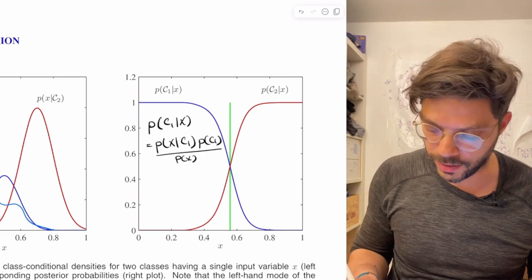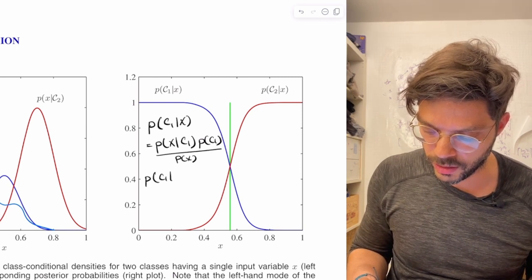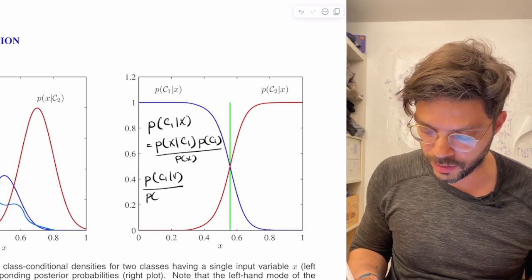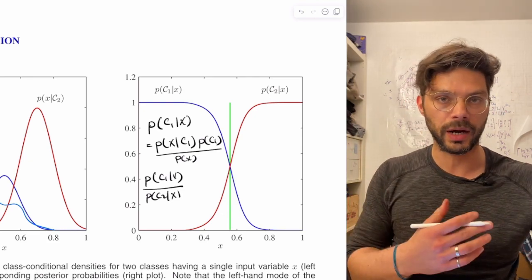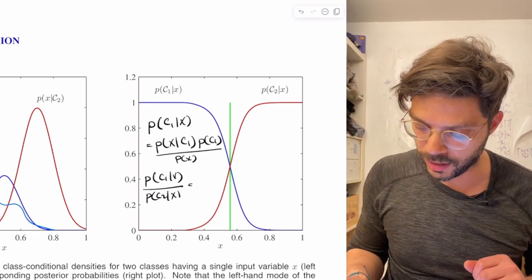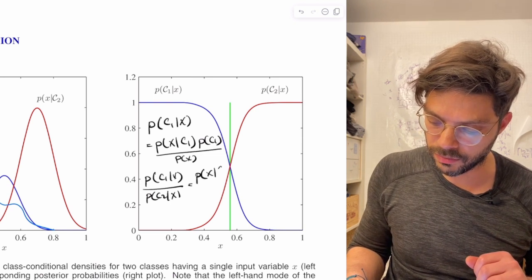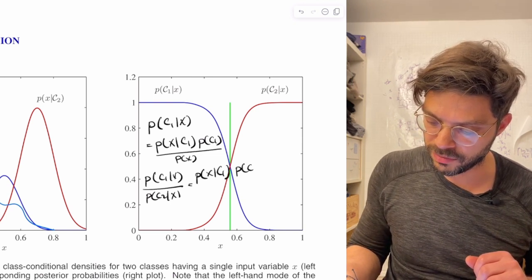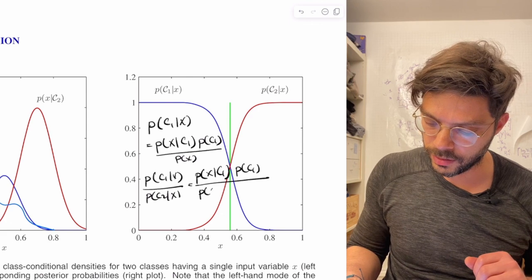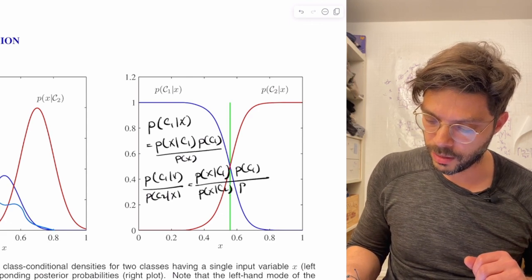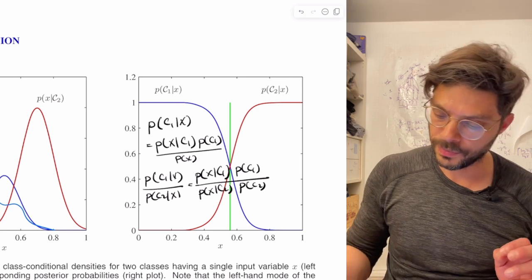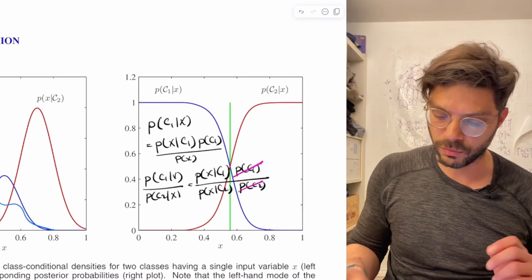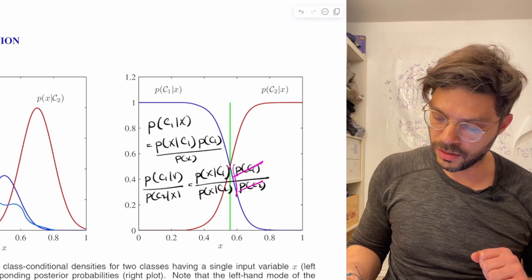And so you can see that P of C1 given X over P of C2 given X, the ratio, and they add up to 1, so the higher one is, the lower the other one is, is just going to be P of X given C1 times P of C1 over P of X given C2 times P of C2. Now we've said in this particular example that the priors are the same, so we can cancel them out. So all that matters is this ratio.